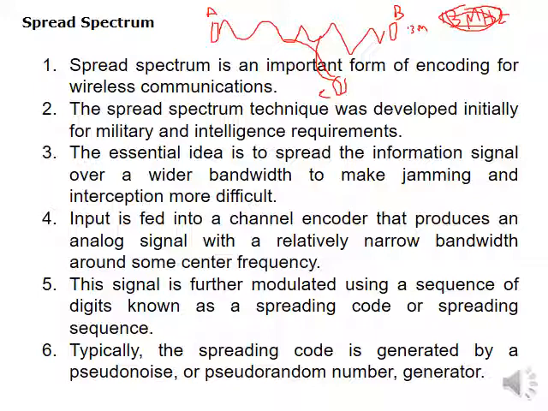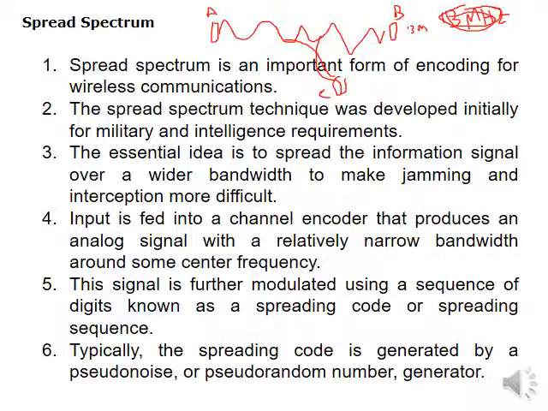That problem was faced in World War, and then an idea came that we don't need to send a signal on a single frequency, rather we should transmit the data in spread spectrum. How they do that, we are going to see in the coming topic.